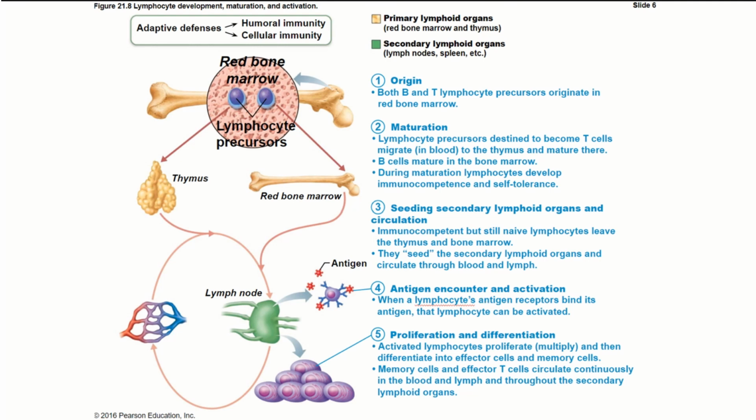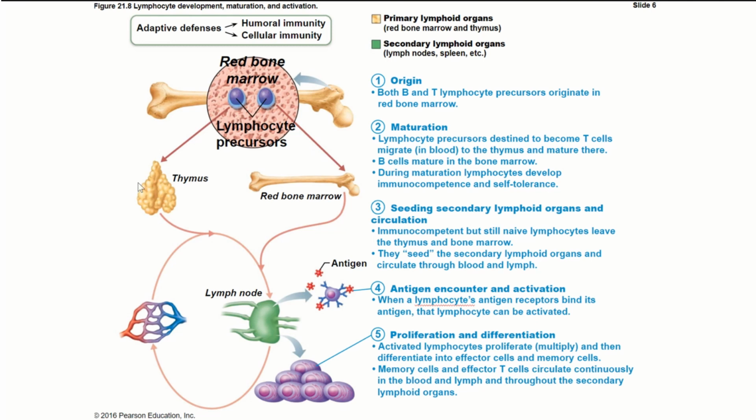And so this is how we develop our B and T cells. As we talked about in our last discussion, the bone marrow is the origin site for both B and T lymphocytes, or B and T cells, and then it's where they mature that determines whether they're going to be a B cell or a T cell.